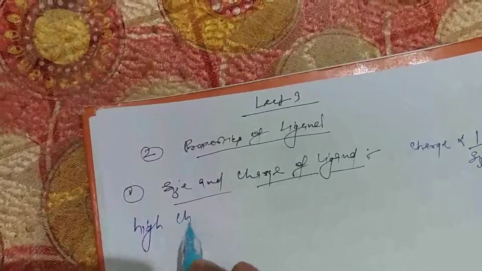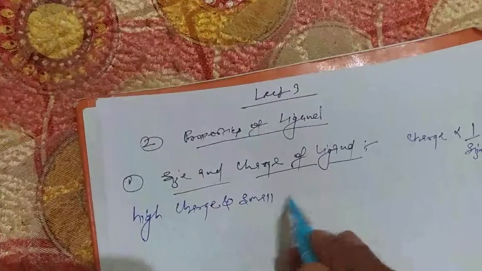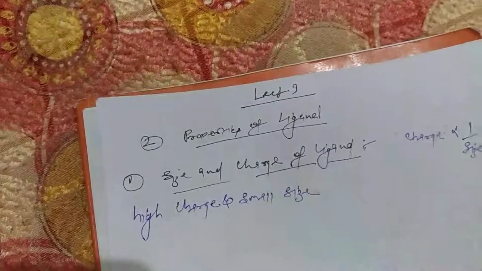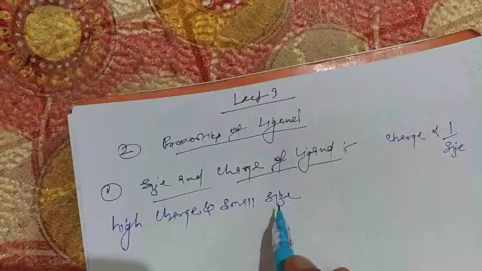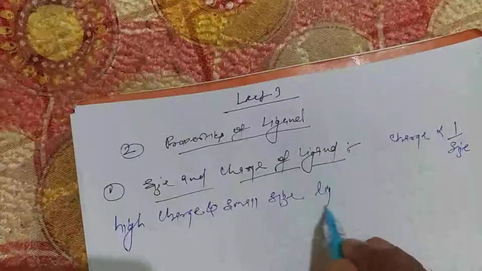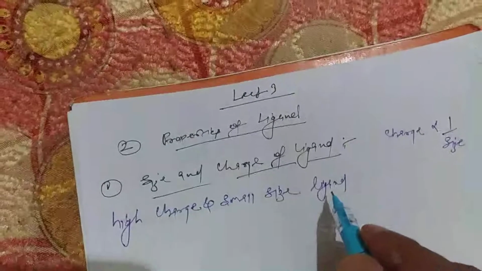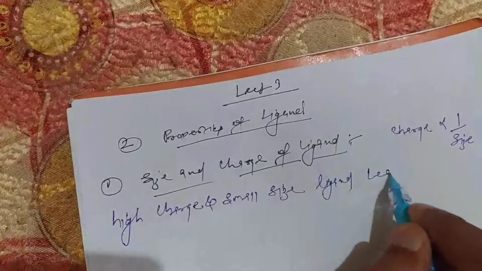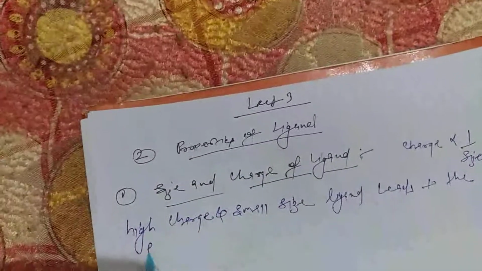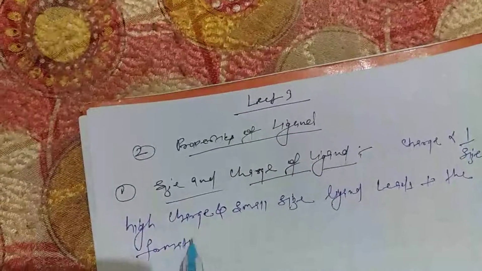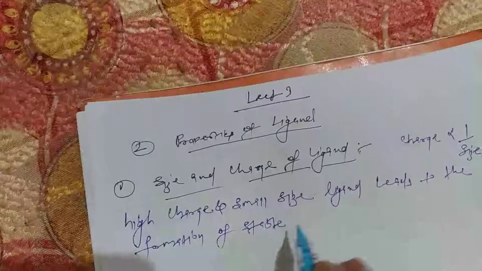If charge is high, of course size will be small. High charge and small size ligands lead to the formation of stable complex.